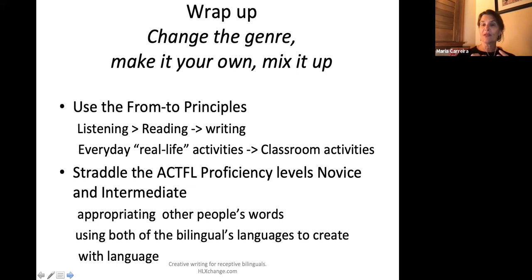In both cases, you can get receptive bilinguals to produce creative and poetic pieces of writing that will make them feel comfortable producing with language.